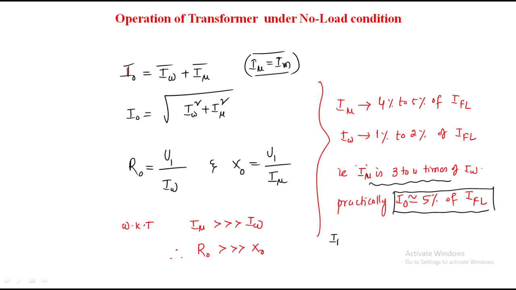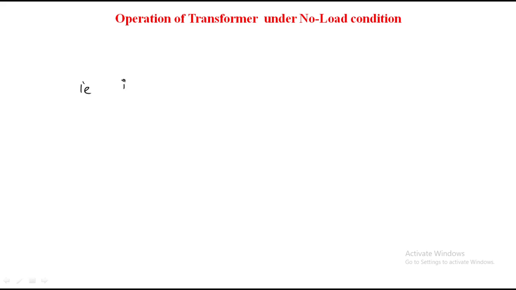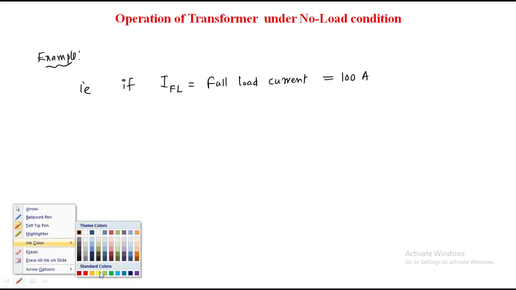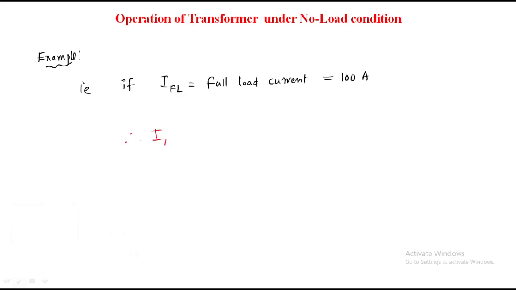Here IFL is the full load current. Example, if full load current is 100 amps, therefore I mu or Im, which is equal to 4% to 5%, that is 4 amps to 5 amps.